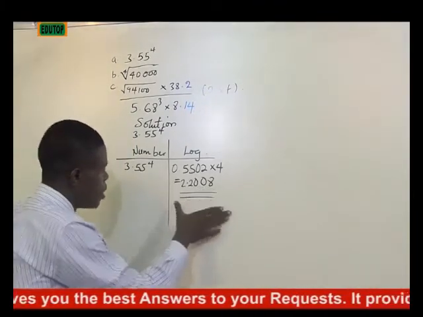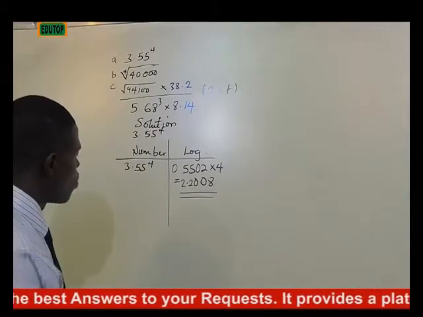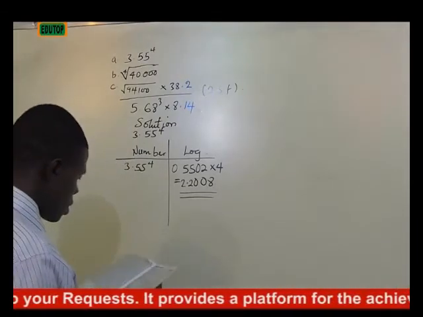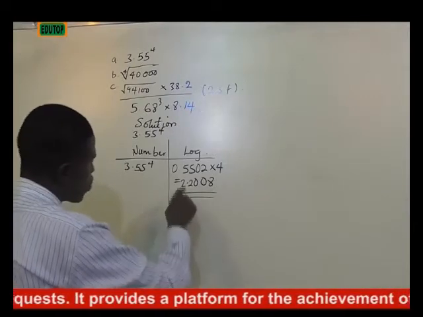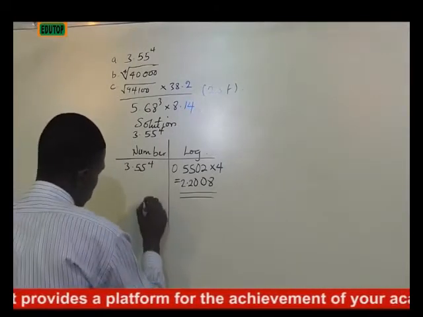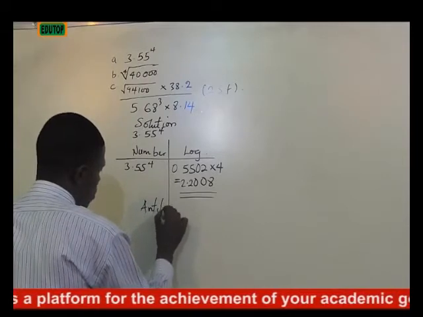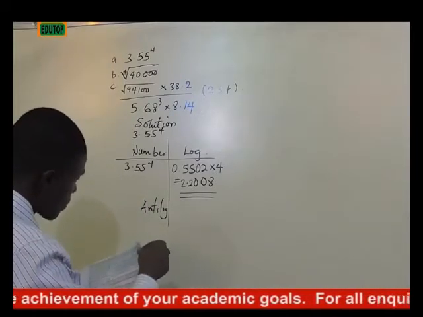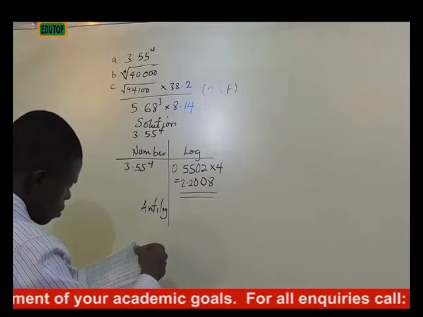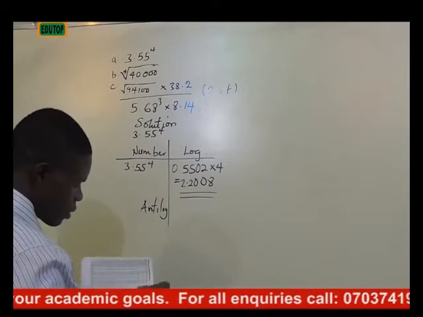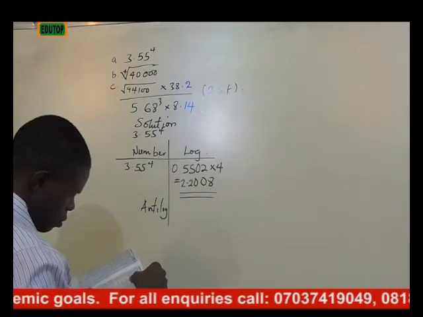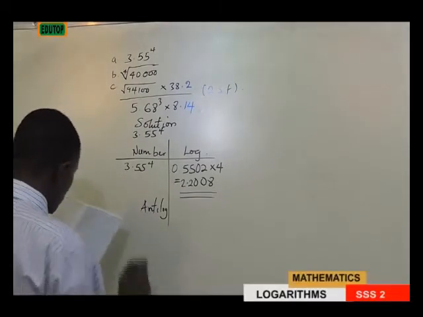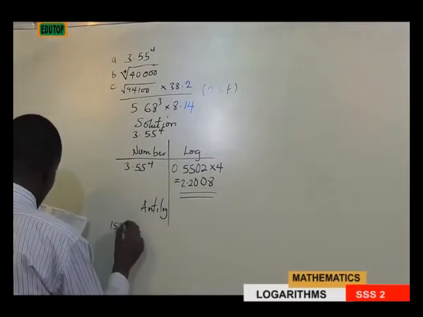But if the question asks us to look for the antilog of this, we go to antilog of numbers and check for 20 under 0, which is 1585.